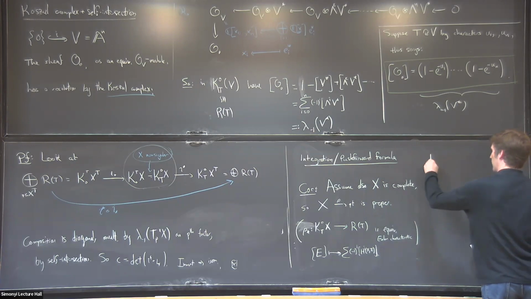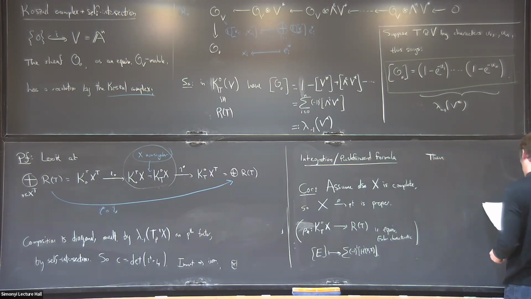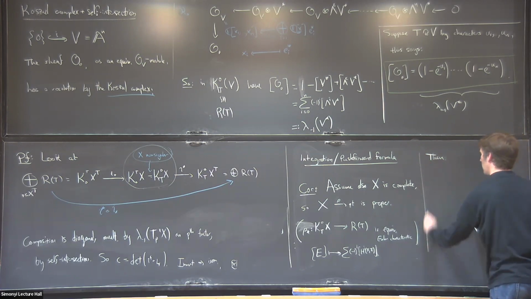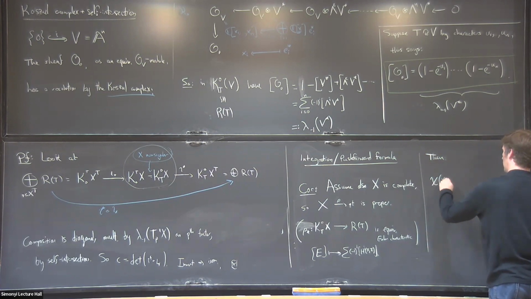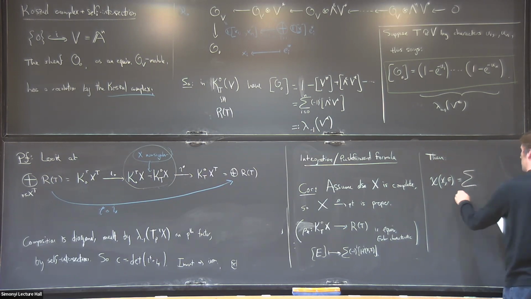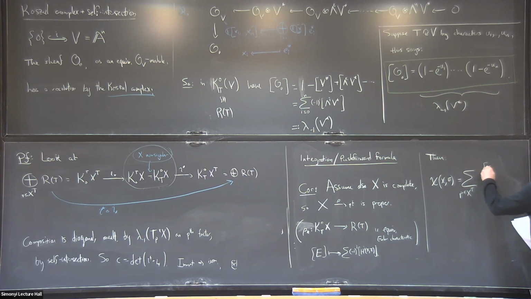Okay, so then the statement is you can compute this as a sum over fixed points, where you just look at how the torus acts on the fiber at each fixed point. This is just some T representation. And you divide out by a standard denominator, sort of like the Euler class.